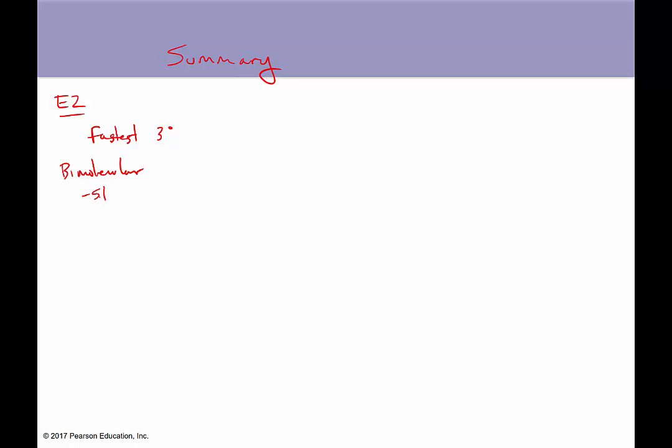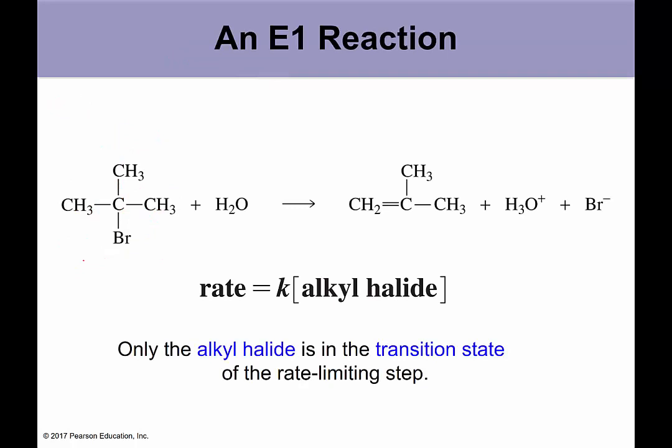This is favored by strong bases and high temperature. The other aspect of this reaction that's important is that it tends to form, with unhindered bases, tends to form the Zaitsev product.